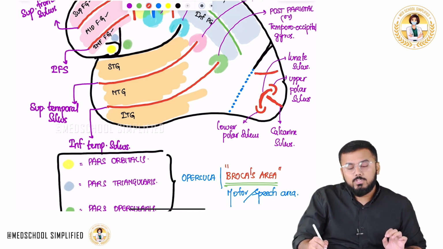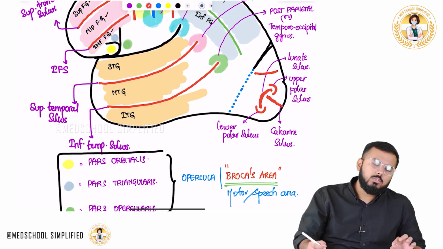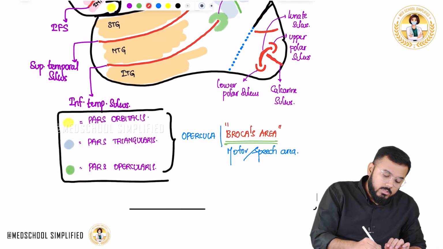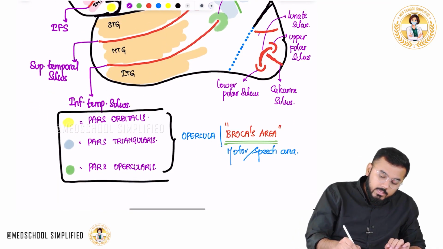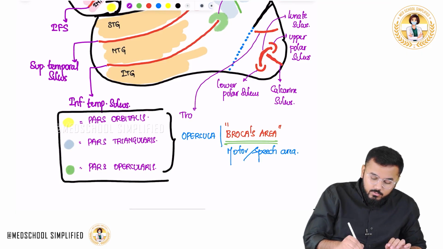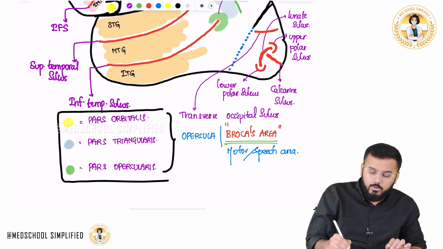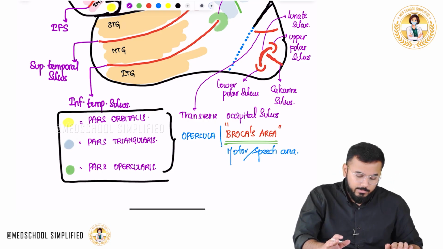Any sulcus which is transverse and located in the occipital area, I can call the transverse occipital sulcus.